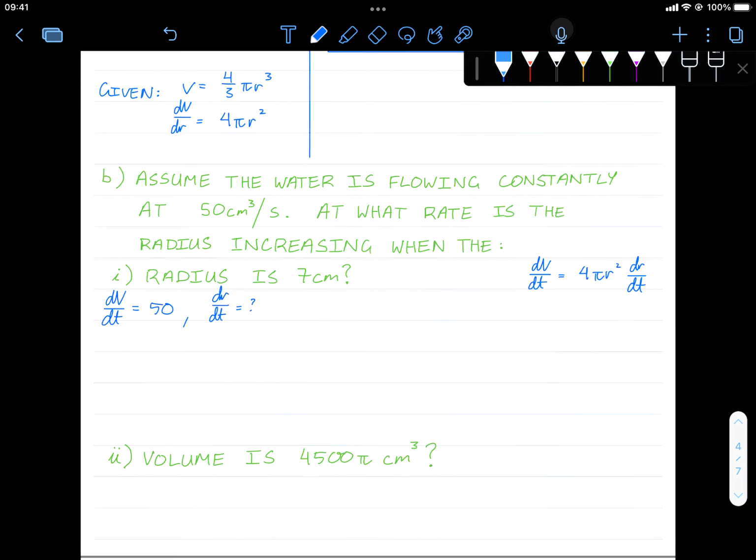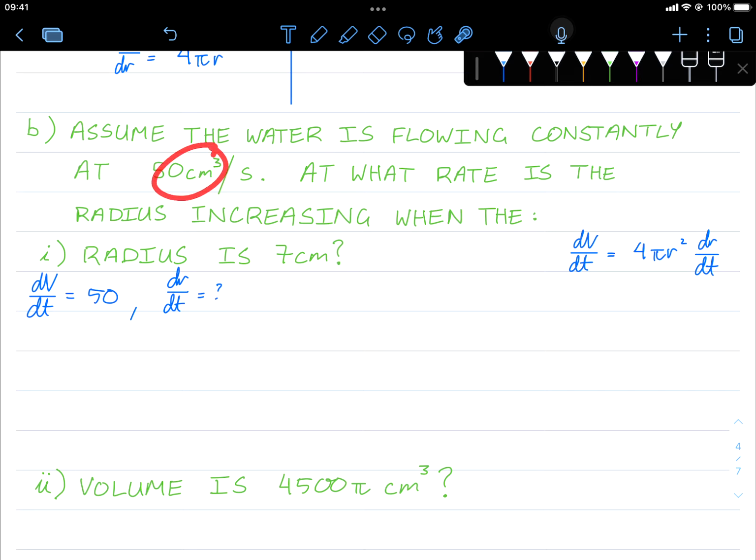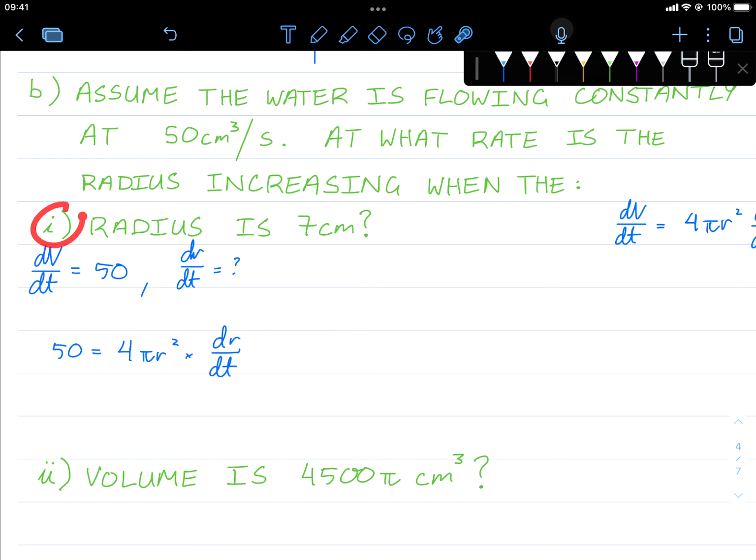So let's substitute what we have. It says 50 goes into dV on dt. We have 4 pi r squared times dr on dt. Well, part 1 says that the radius is going to be 7.